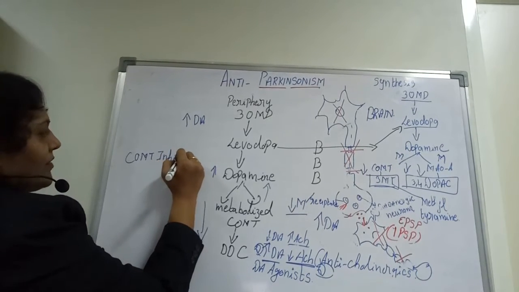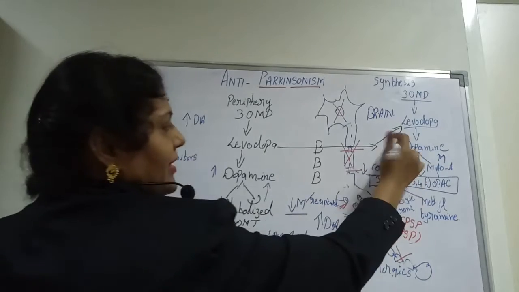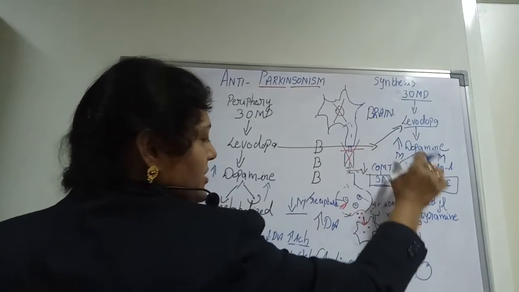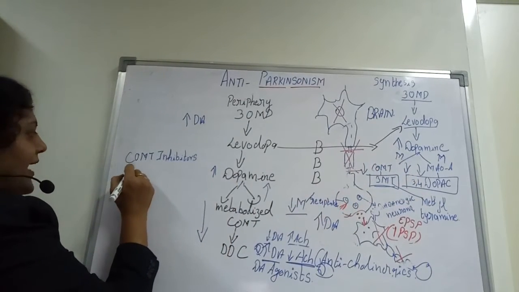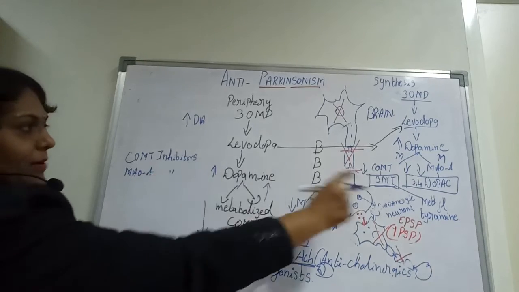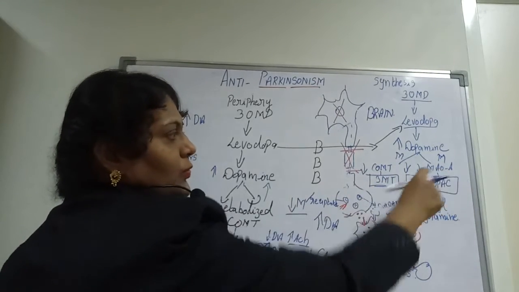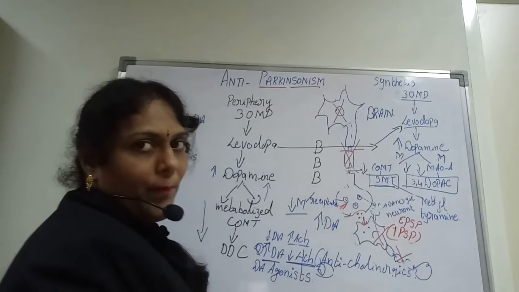Because once COMT is inhibited, the dopamine levels are increased, since the metabolism is reduced. And also we can categorize them as MAO-B inhibitors. Why? Because MAO is also used for the metabolism of dopamine, converting it into 3,4-DOPAC.